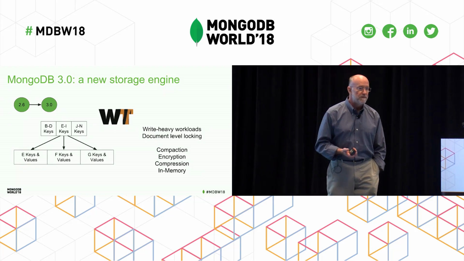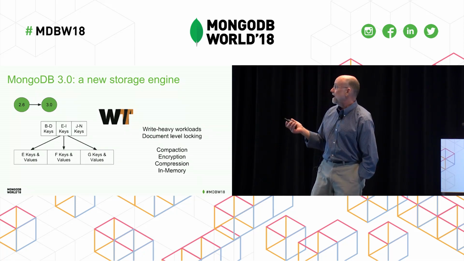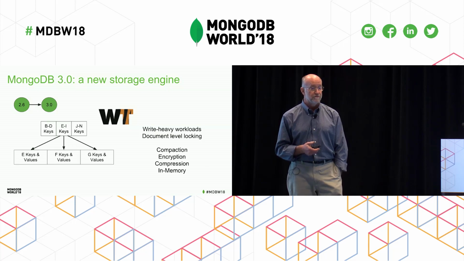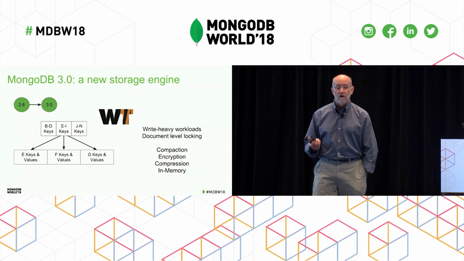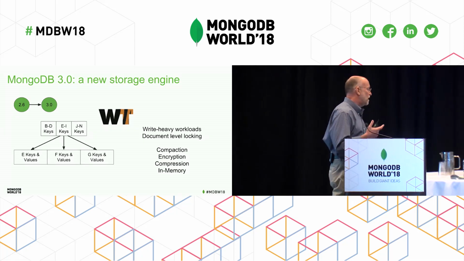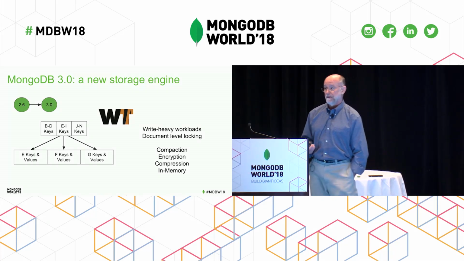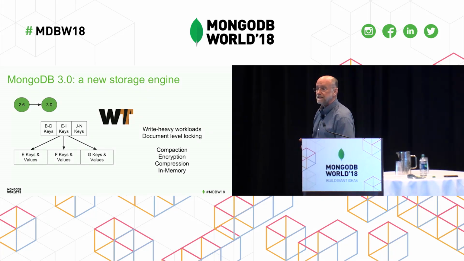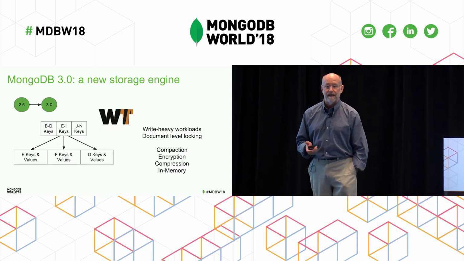You know, it's a B+ tree with a cache, writing blocks to disk, and it has a write-ahead log as a journal for durability. So a very traditional storage engine. We brought it in for a few reasons. Primarily, mmap v1 is wicked fast on reads. It is really good at reading. When you start throwing writes into the mix, especially when you start seeing write-mostly workloads, it can't handle that.